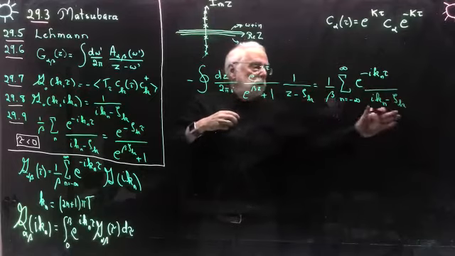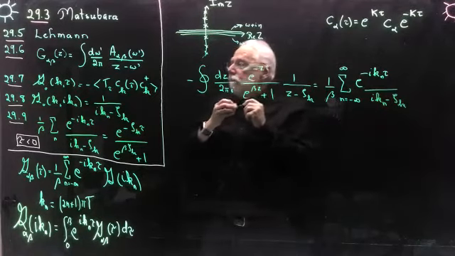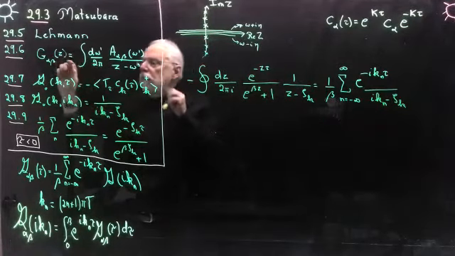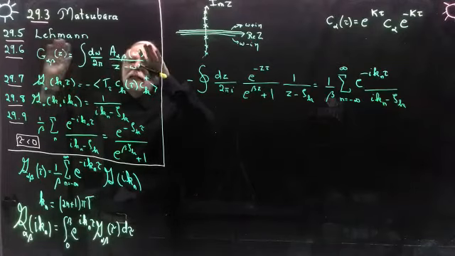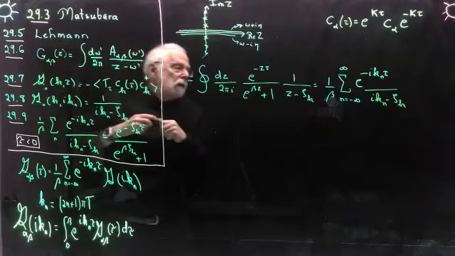We will need to do this sum often because it will be useful to write Green's functions in this way with the ikn there.